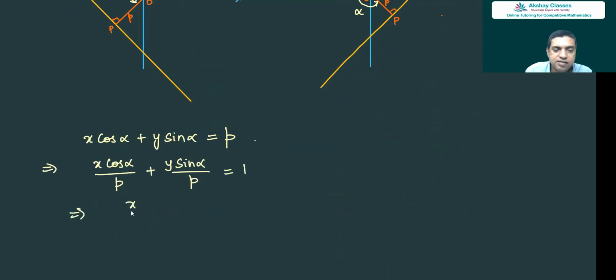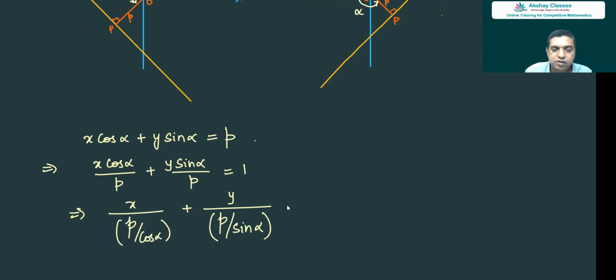Then I will write this as x upon P upon cos alpha plus y upon P upon sin alpha is equal to 1. So this is your intercepts.